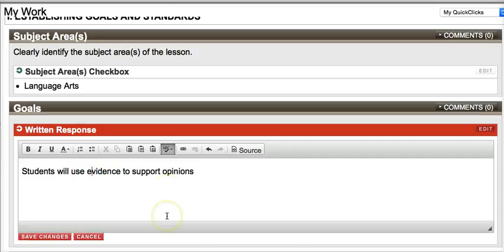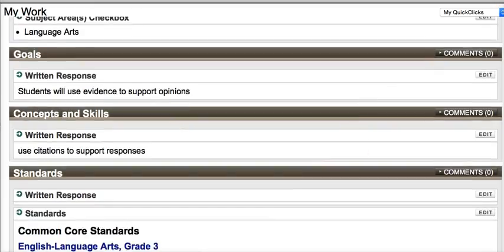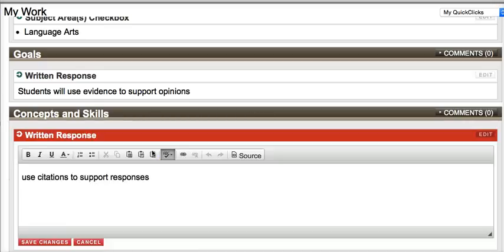That's the overall objective of what we're doing. So that's this lesson. The concept for today is that they are going to use evidence to support, that they're going to determine the main idea and support it with evidence.